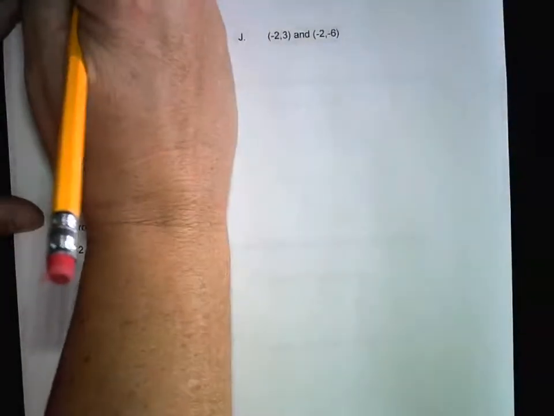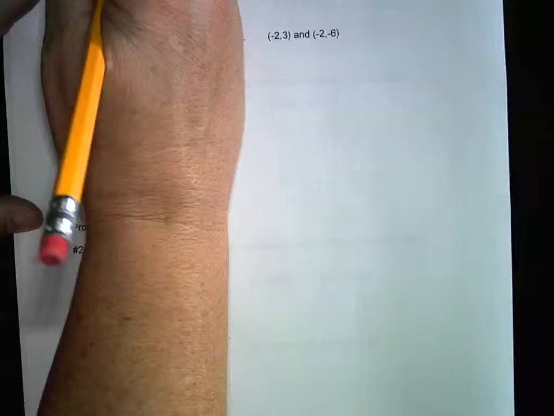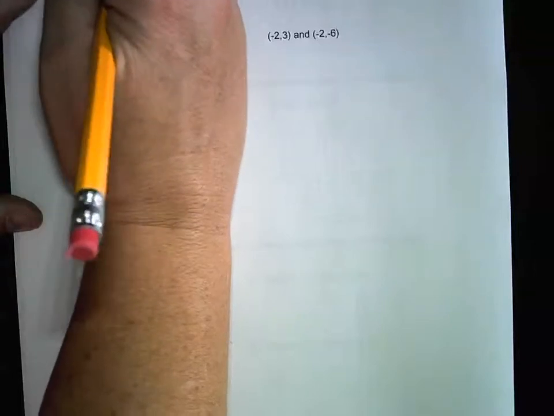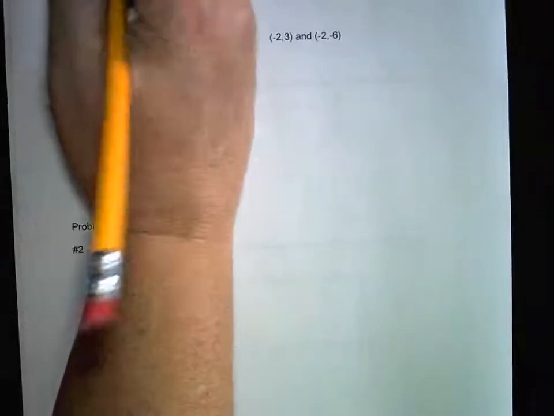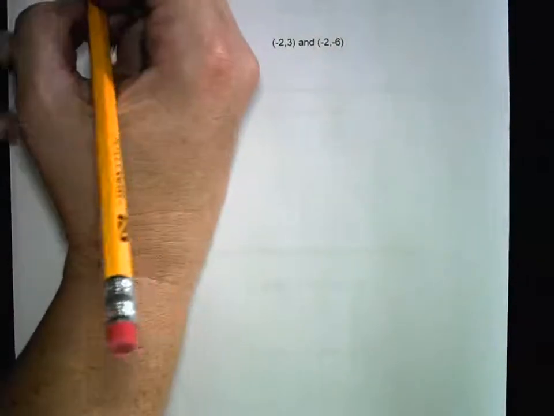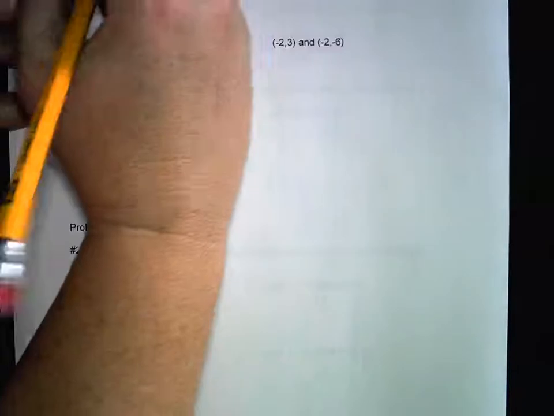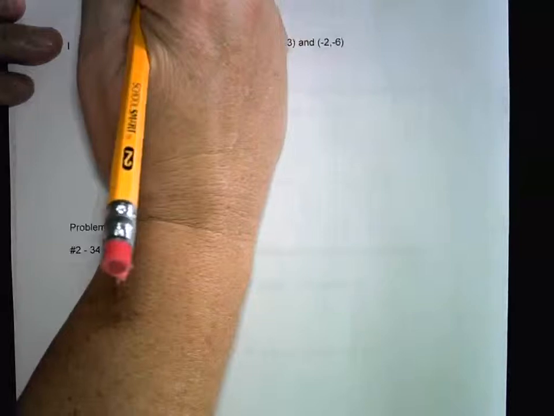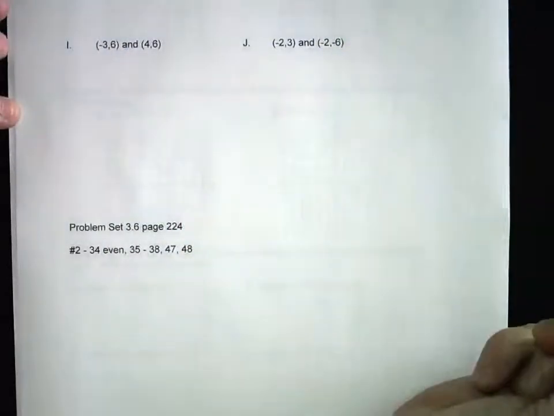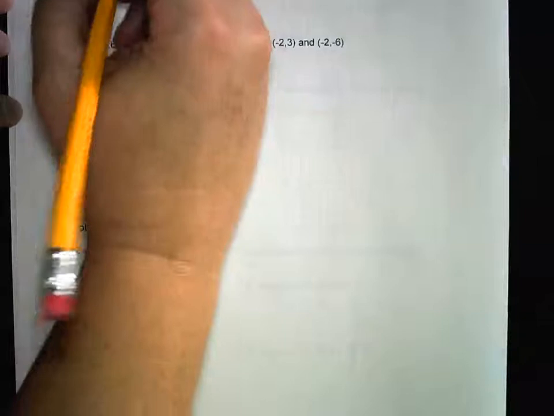Letter G, negative 3 minus a negative 4, negative 1 minus 0. And negative 3 plus 4 is a 1. Negative 1 minus 0 is a negative 1. So your slope is negative 1. And I'm going to pick the second number.